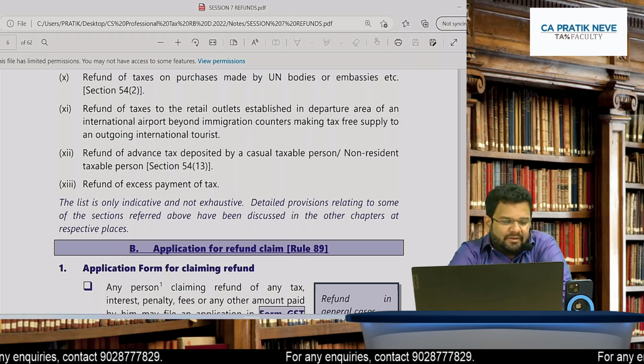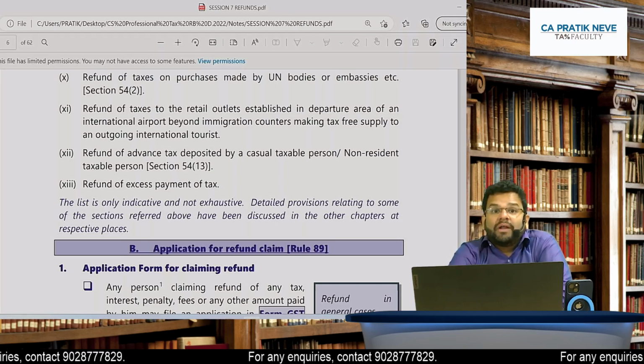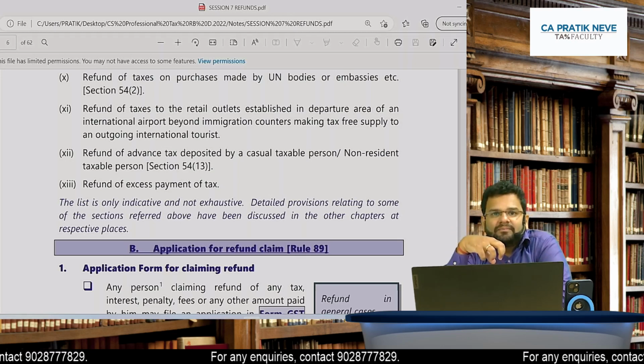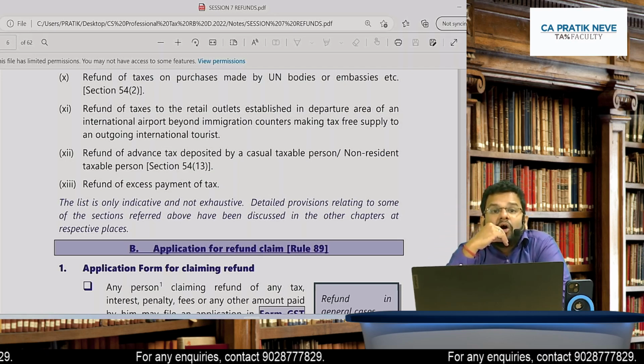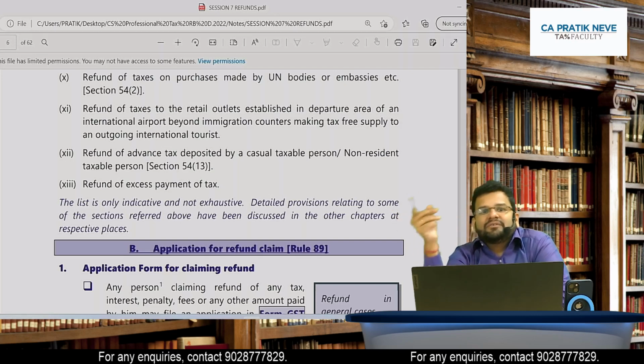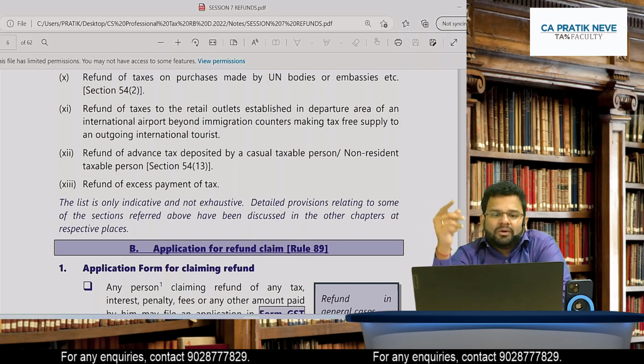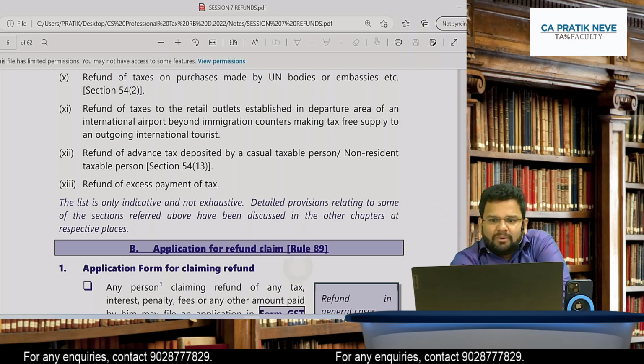Yes, very good. So whatever purchases they are doing in India, of course they are paying GST on that. Of that they are entitled to claim refund. So that's what we are talking about here.